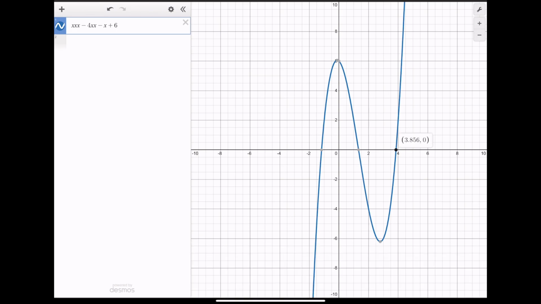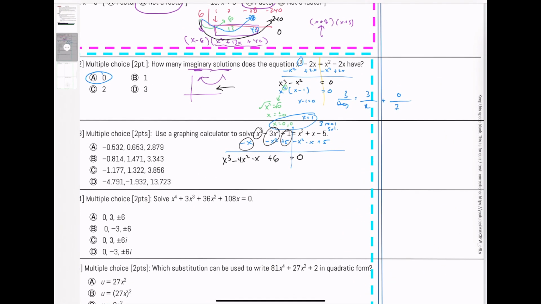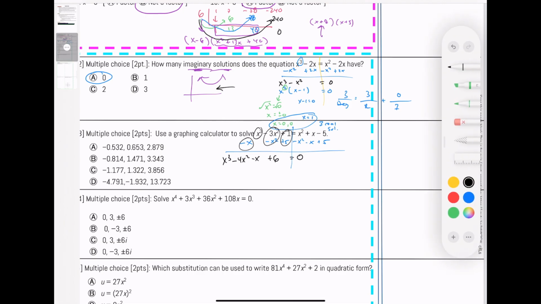And here are all of our solutions. Let's go ahead and take a look at those. And so I have negative 1.77. This would be C.